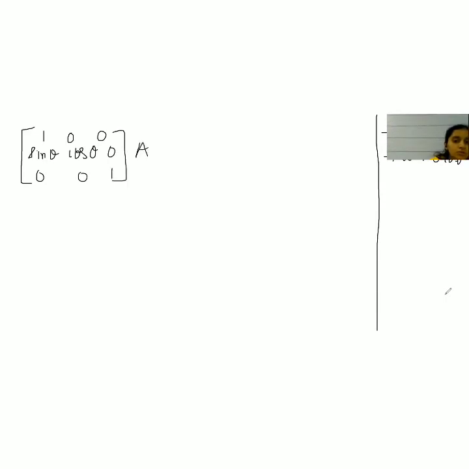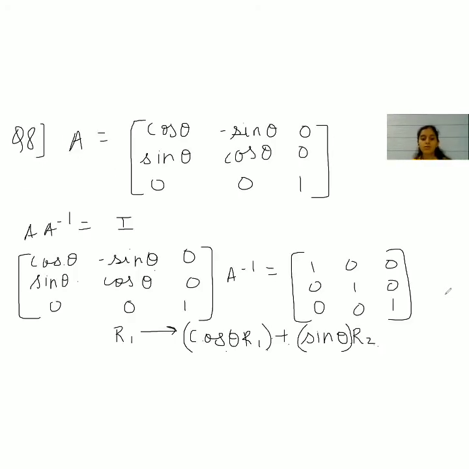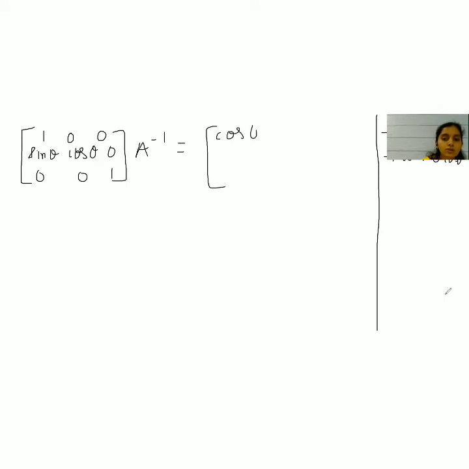A inverse as it is, and now row 1 is changing. So cos theta into R1: cos theta into 1 is cos theta plus sin theta into 0, so 0. First element here is cos theta.